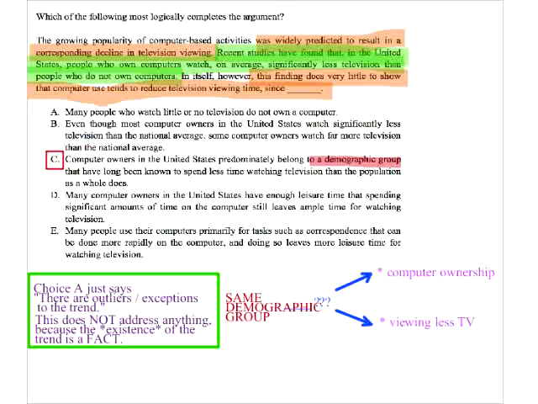Choice E: many people use their computers primarily for tasks. What E does is just say it leaves more time in which these people could watch TV, but they still don't do it. So this doesn't really address the issue.